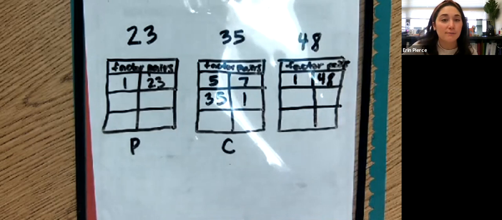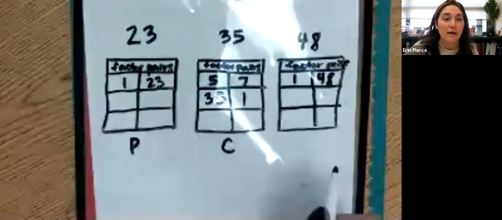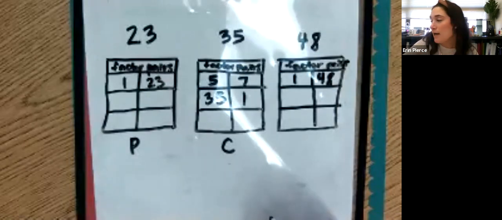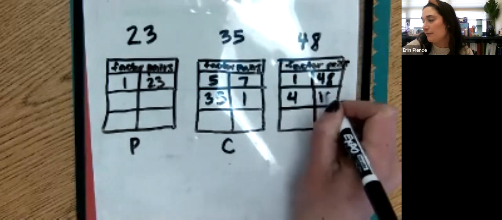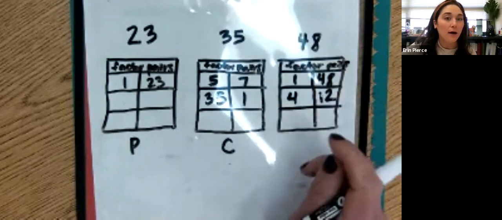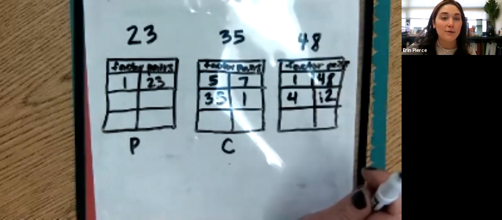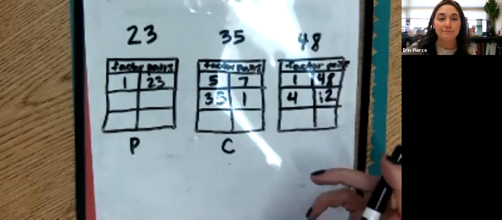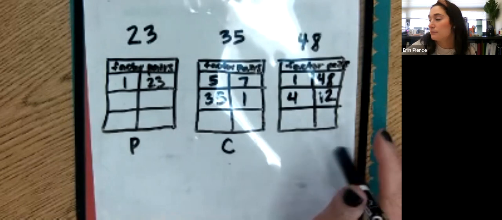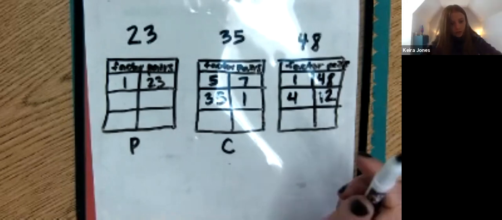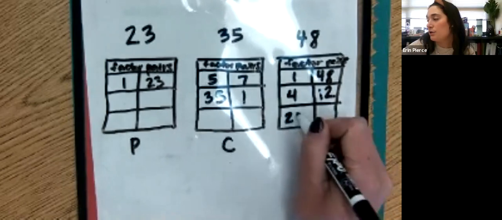What else? We have several. Hank. 4 times 12. 4 and 12. Thank you for finding that one. What is another one that we have? Kira. 24 and 2.